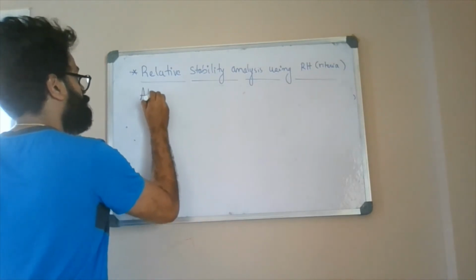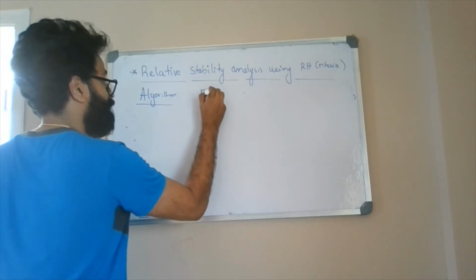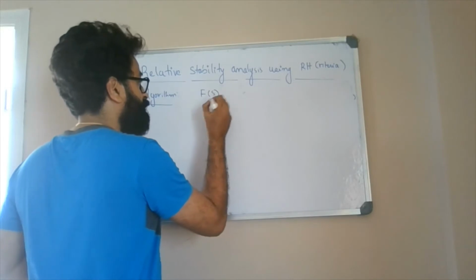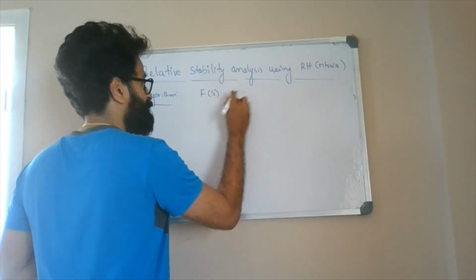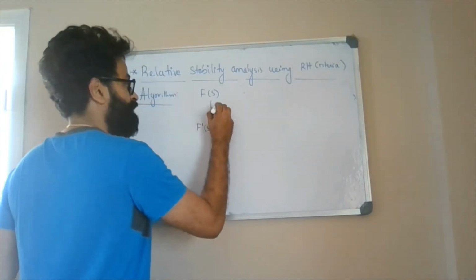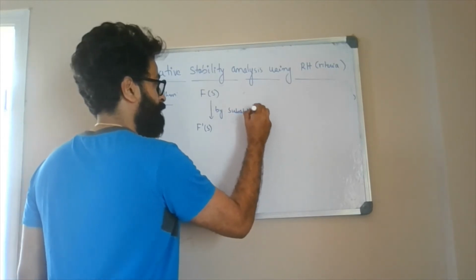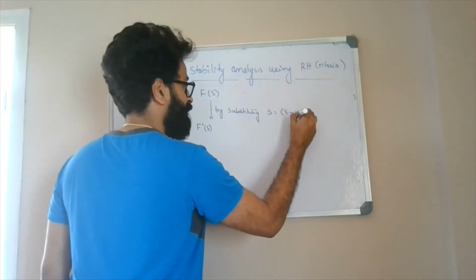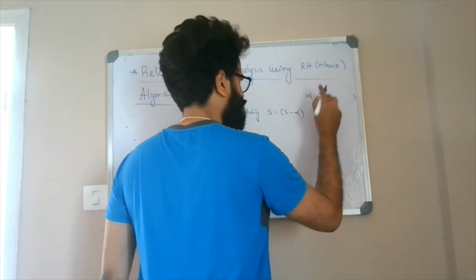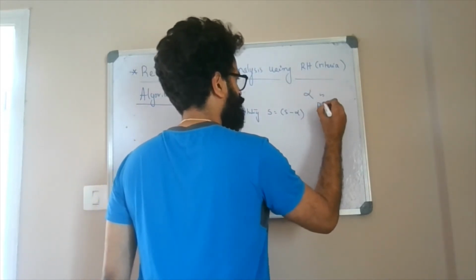So the algorithm: you have f of s, and you have to convert f of s into f dash of s by substituting s equal to s minus alpha, where alpha is an integer, say the point of interest.